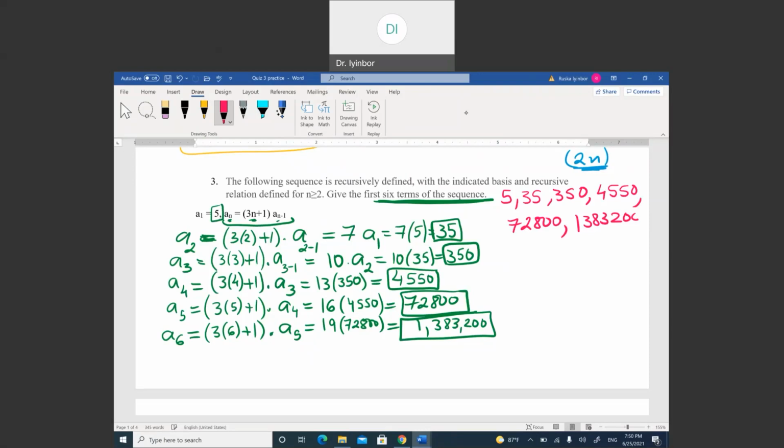And these are my answers. This is my sequence of the 6 numbers. Okay, so that's how you do these type of questions. You just plug it in and just recursively use the previous term.